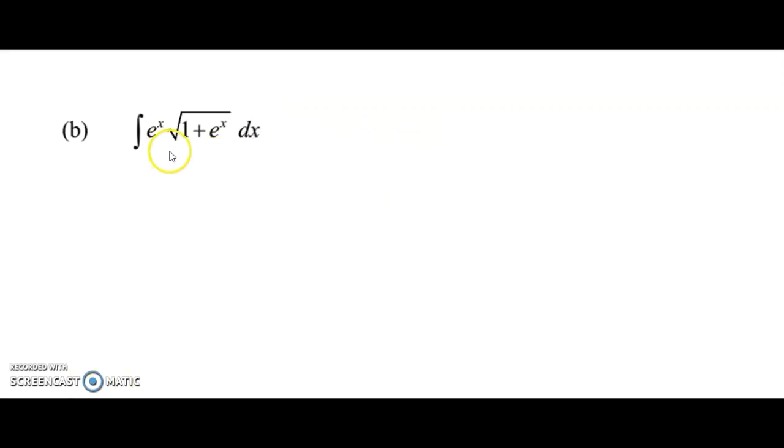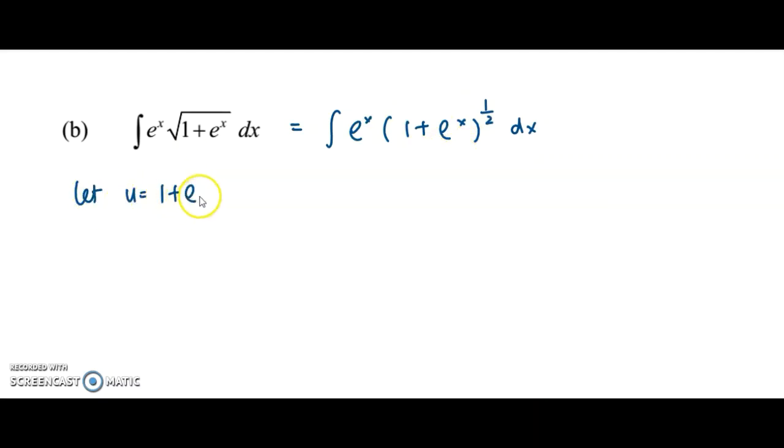For question B, we can write it into this form: e^x multiplied by (1 plus e^x) to the power of 1 over 2. So we must find the appropriate u so that we can substitute this in terms of u. For this question, I choose u to be 1 plus e^x.